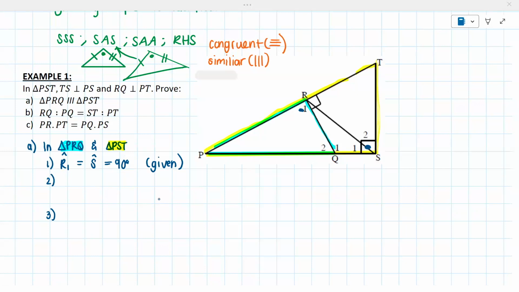Second angle that's equal. Any suggestions?